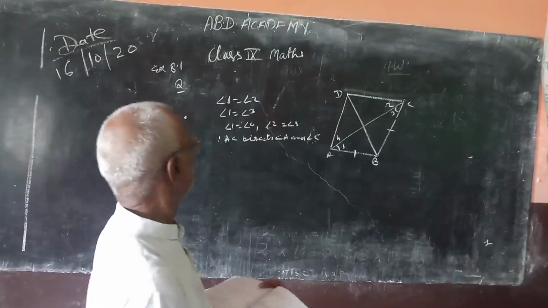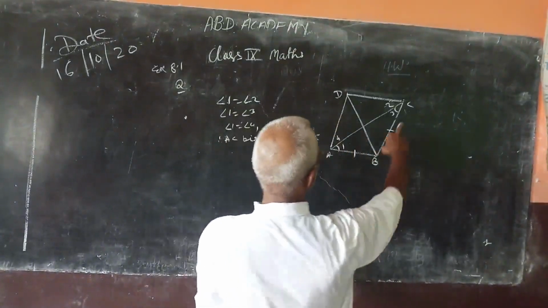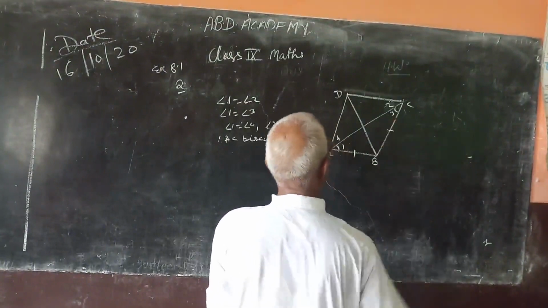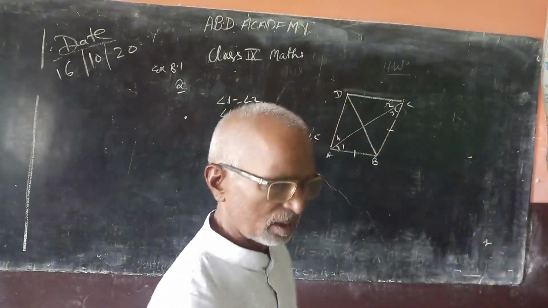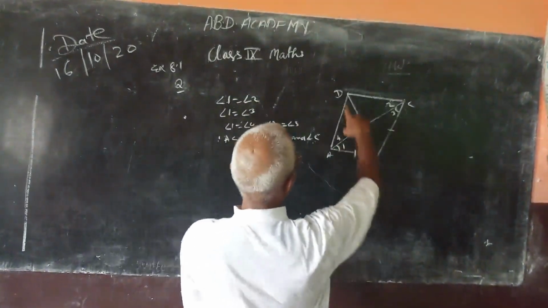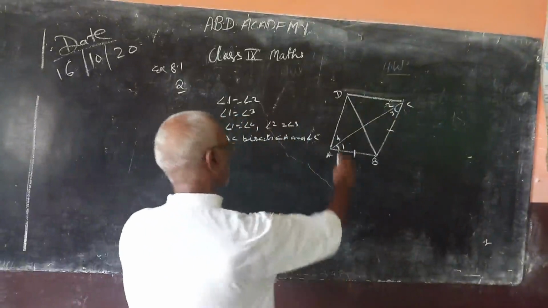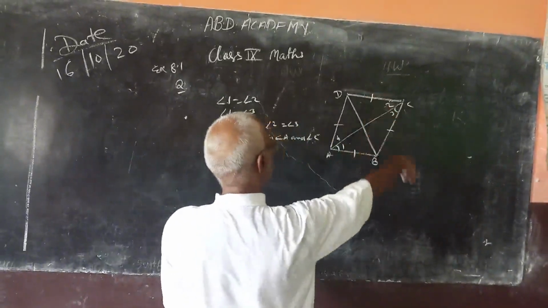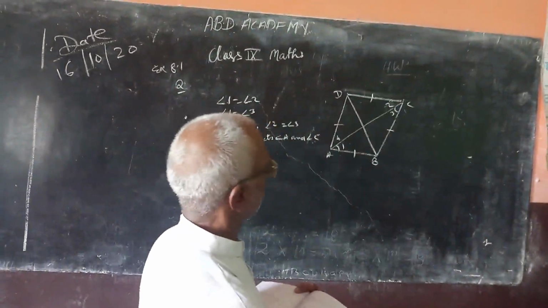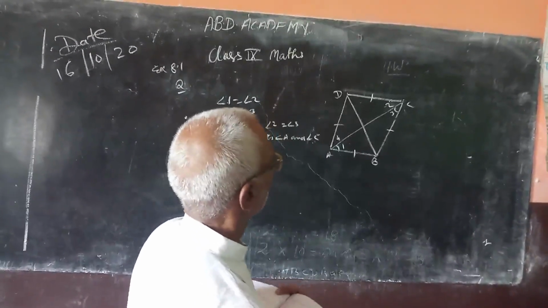First, I told you that in triangle ABC, angle 1 and angle 3 are equal because they are base angles of an isosceles triangle. Similarly, in triangle ADC, 4 and 2 are equal because AD is equal to DC, and these are also base angles of the isosceles triangle.